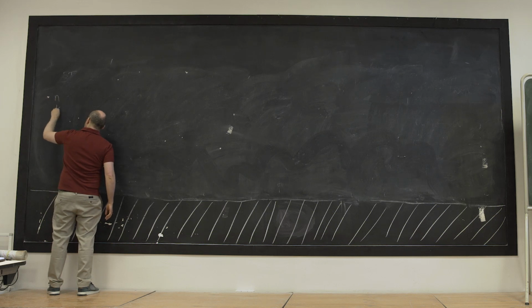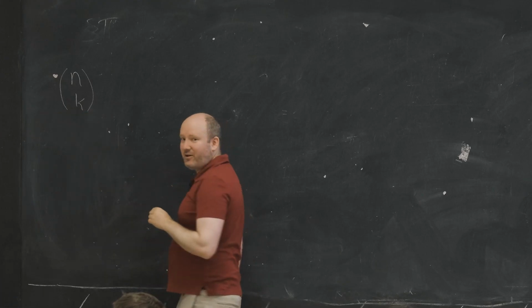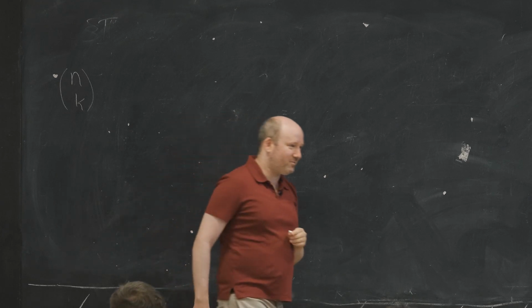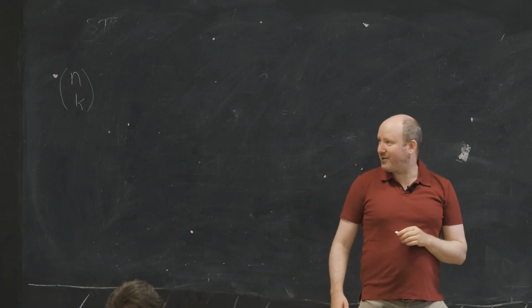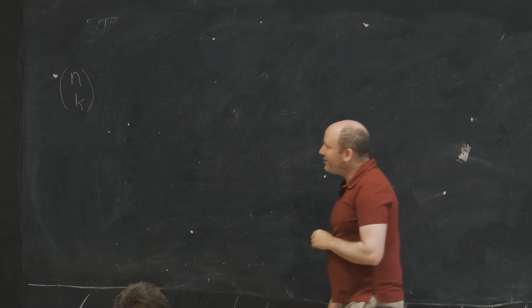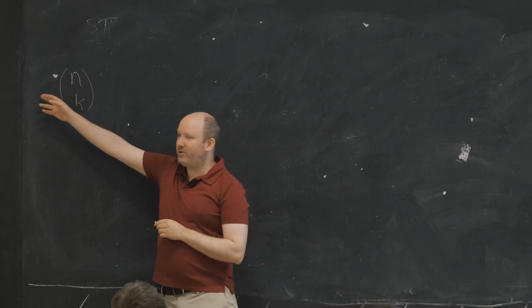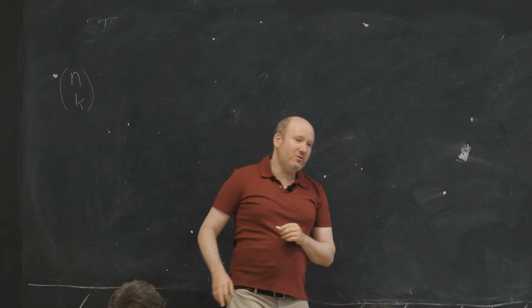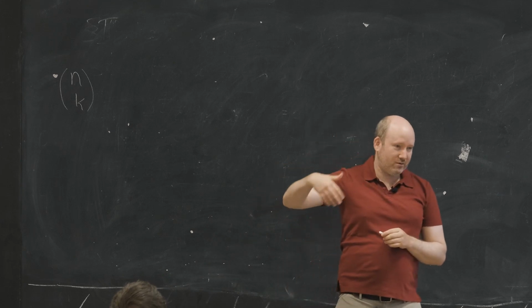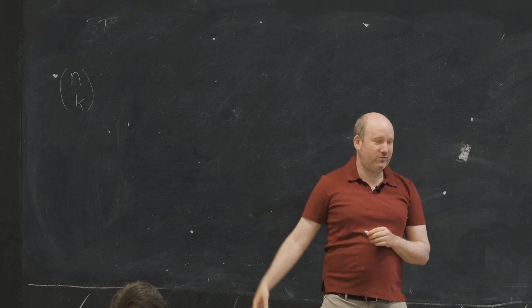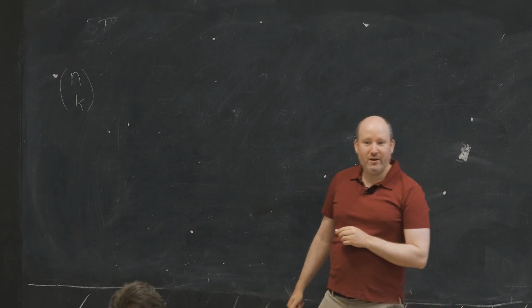If you look at n choose k, of course we know the formula for this in terms of n factorial over k factorial times n minus k factorial. And by analyzing this, if you put a 2 to the minus n in front, you can compute the Gaussian density function and prove the central limit theorem, all that sort of stuff.